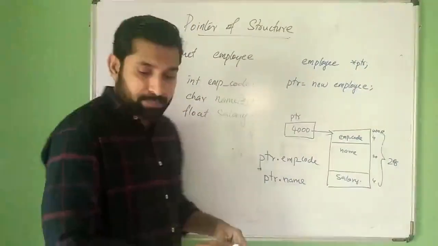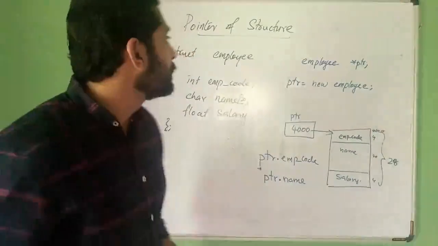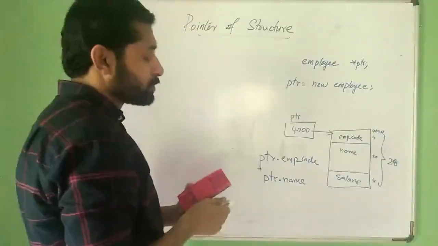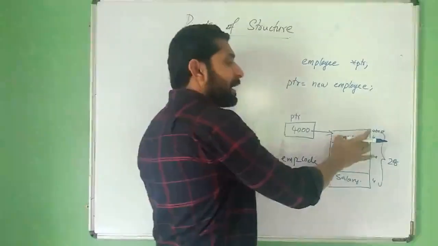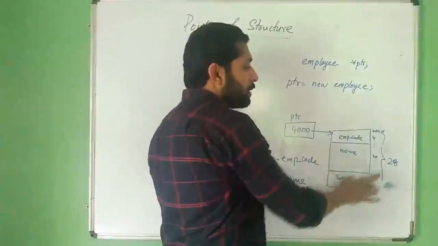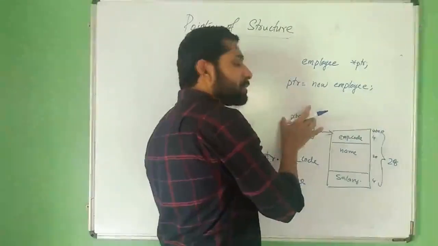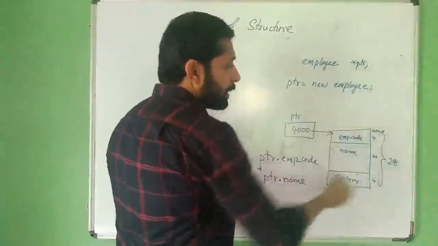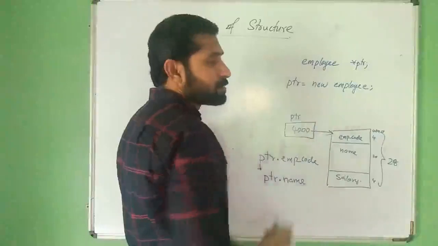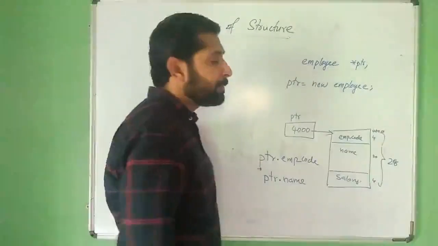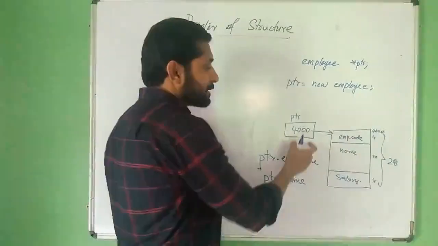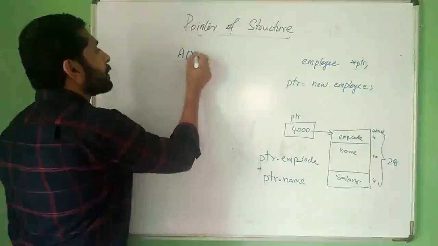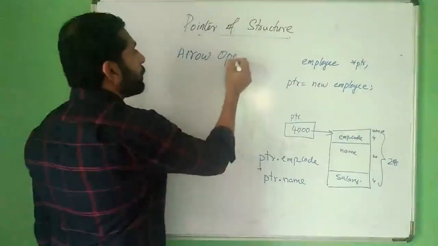There comes an answer: the arrow operator. The operator used for accessing structure elements when we use pointers to allocate structure memory area is the arrow operator.